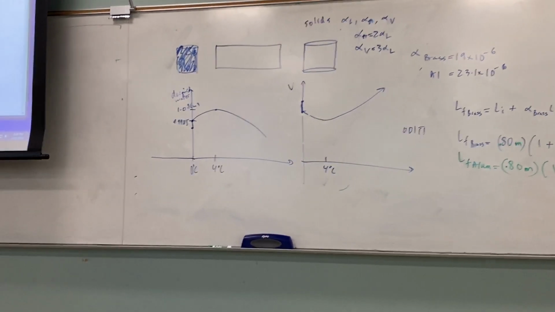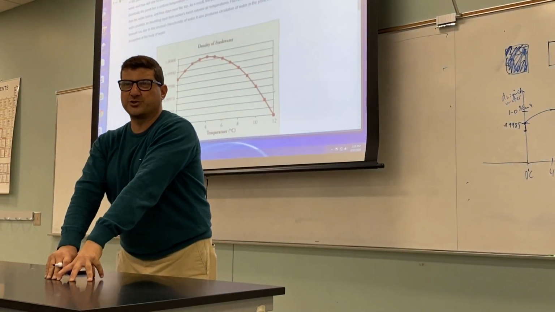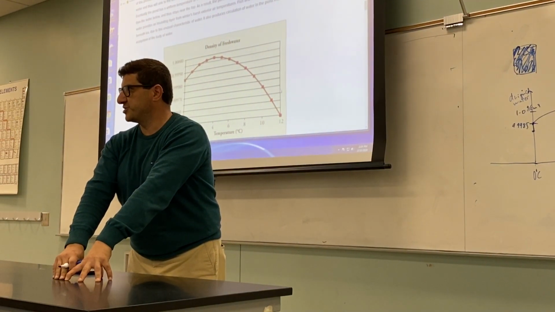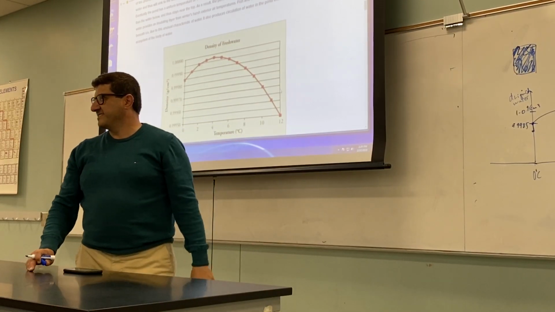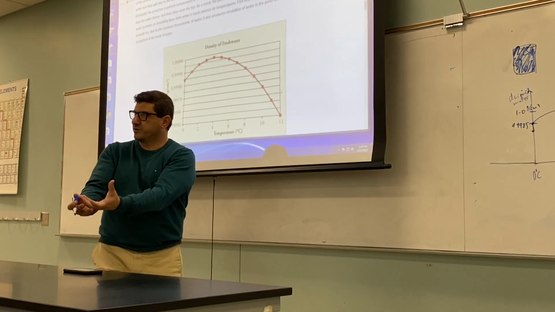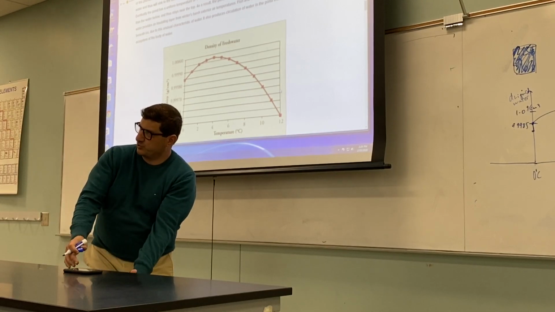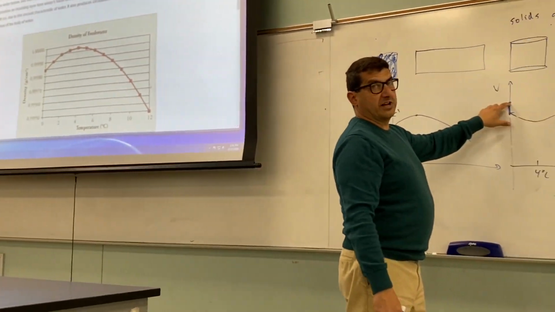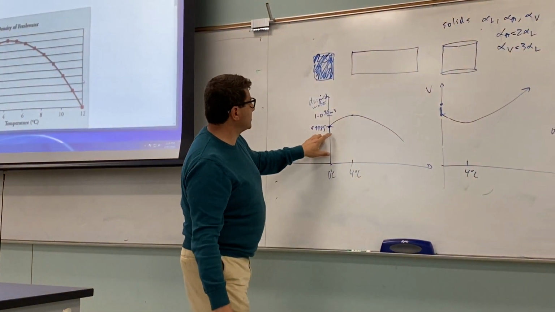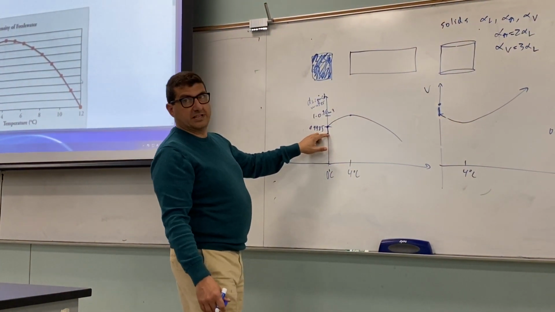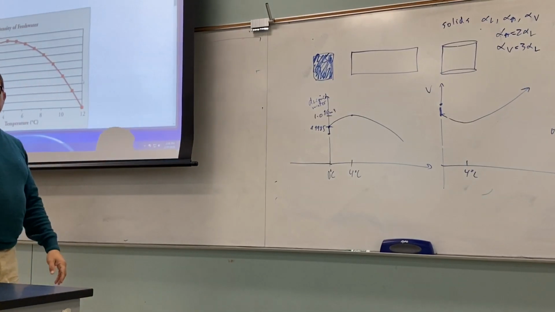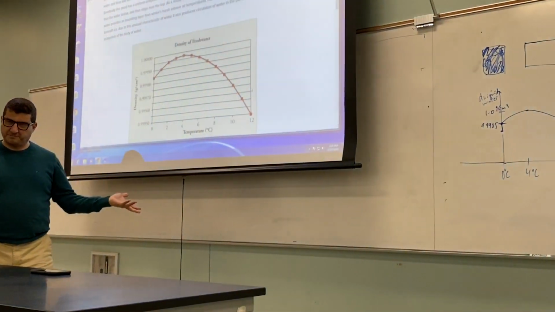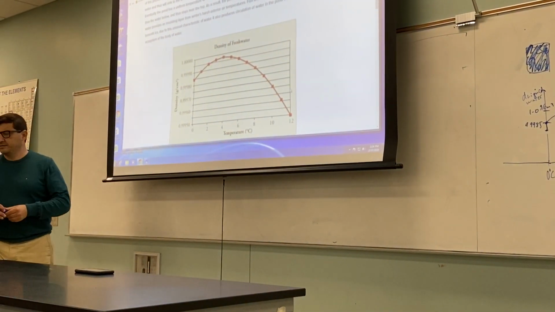Because the 4 degrees Celsius water sinks to the bottom of the ocean and ensures that the ocean never freezes over. You can see that the warmer water always goes down. And then ice always floats on top of water, right? That's why it's the least dense. And so it also ensures that the body of water doesn't freeze. Okay?